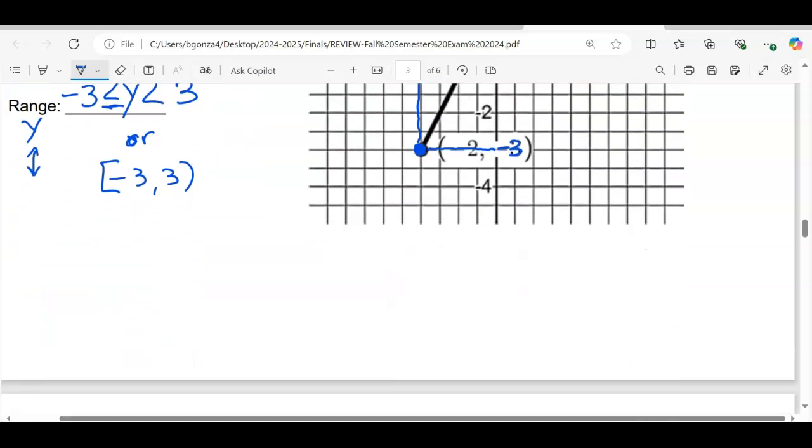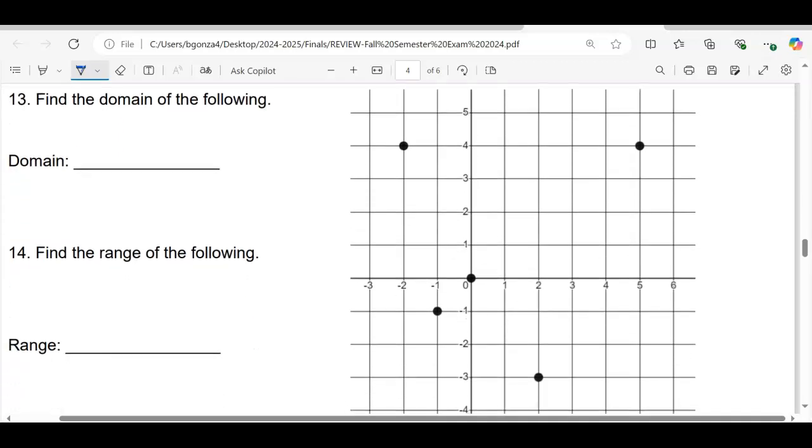All right, find the domain of the following. Now, domain, again, is x from left to right. Since this is discrete, it's disconnected, we're going to use brackets and just go from left to right.